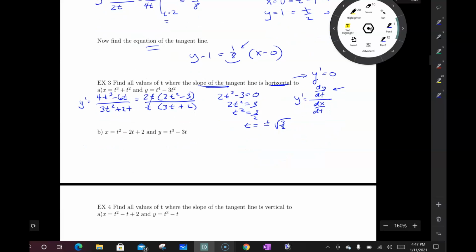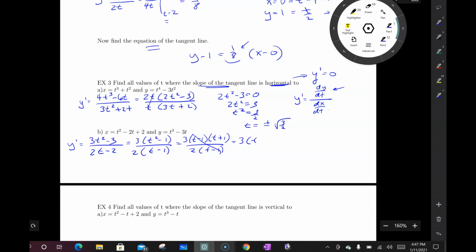All right, let's look at this one. So y prime, so 3t squared minus 3, 2t minus 2. Let's factor a 3 out. And if I factor a 2 out, I see the difference of squares. Do you? t plus 1, 2t minus 1. So these are gone.